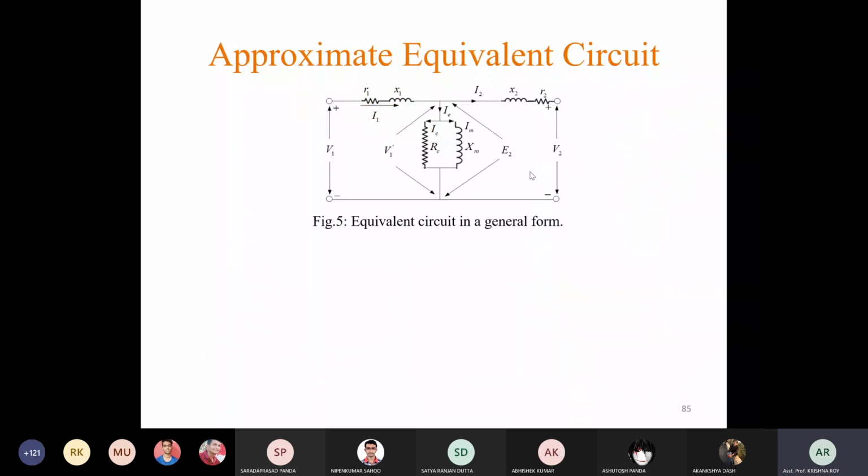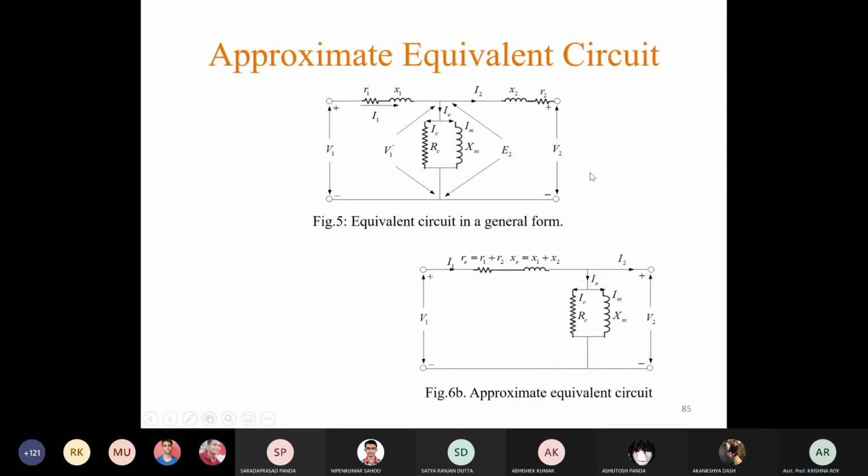We can do it the other way, that is, we can shift this point to this point. If we do that, what happens now? Now the total current I1 is also flowing through the secondary leakage impedance. After flowing through this path, I1 is getting divided into two parts.